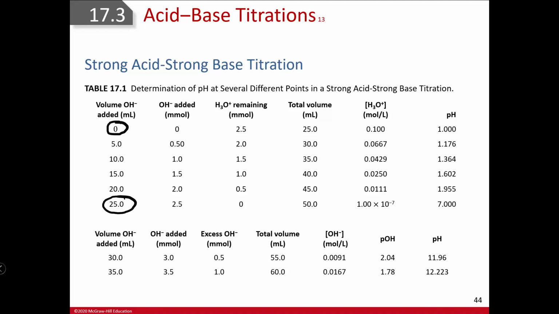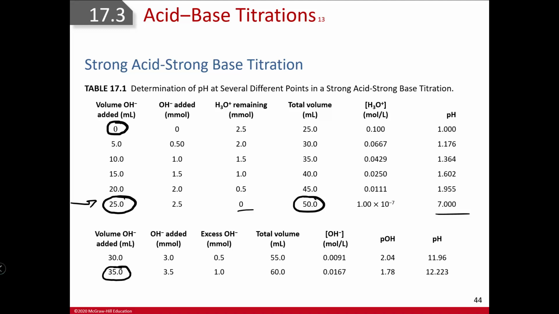Well, actually it continues on to 50 milliliters. So this is one column, that's the next column. No, that's the total volume. They go to 35. There we go. So this is the equivalence point right here. We've added just enough sodium hydroxide to consume all the acid. There's no acid left.